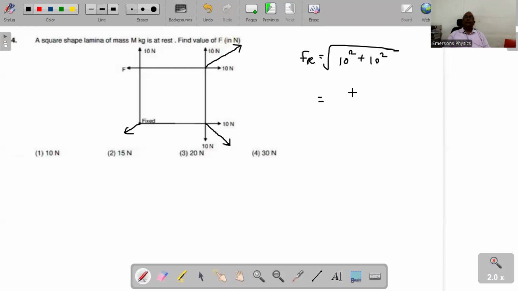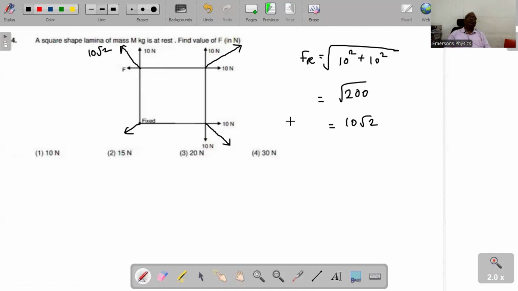So it is nothing but 100 plus 100, 200, root of 200, which is nothing but 10 root 2 Newton is the resultant force. So this should act in this direction. But this force should be 10 root 2 Newton. Then only the body will be at rest.